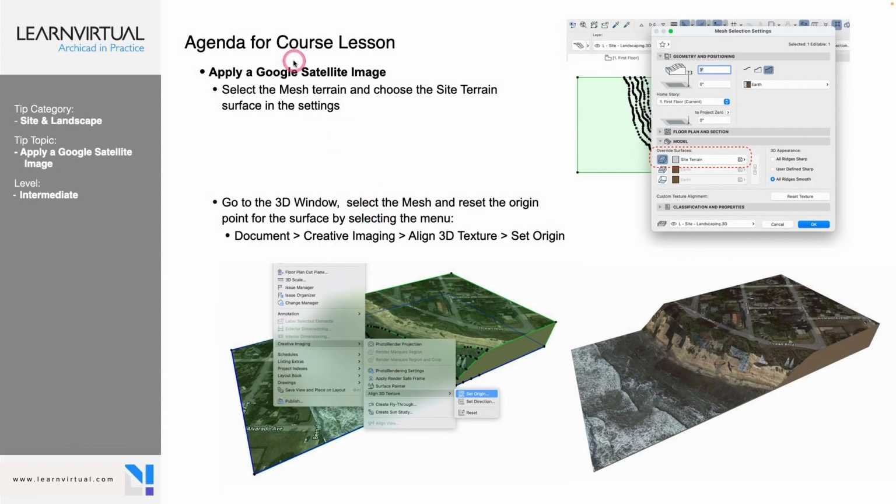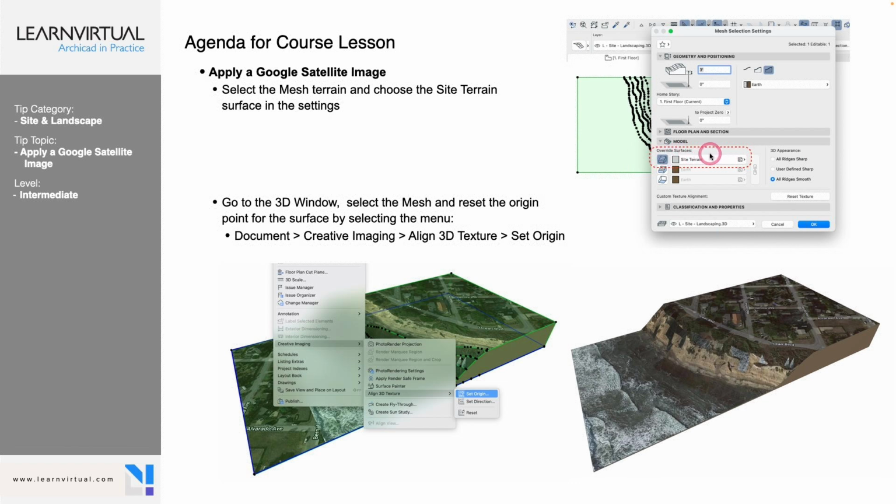All right, so then we're going to use that surface and apply it to our terrain or to our site. To do that, we're going to select our site, Control Command T, using the icon here in the info bar. We're going to pull up our mesh selection settings, and down under model is where we can choose that surface override.